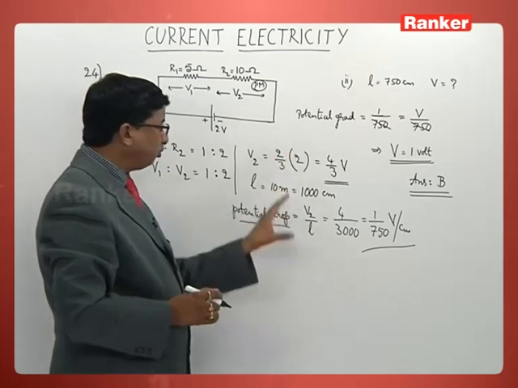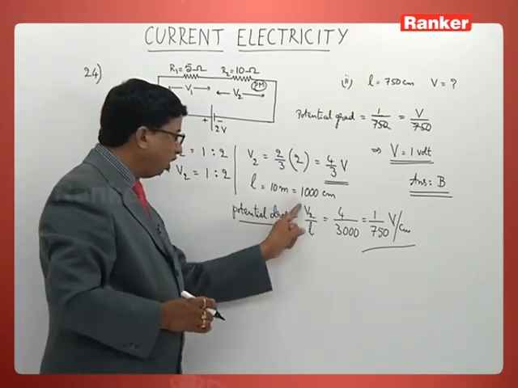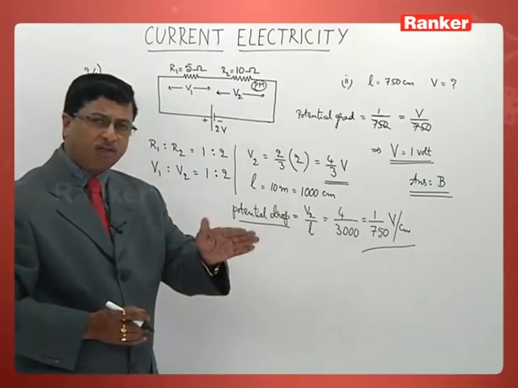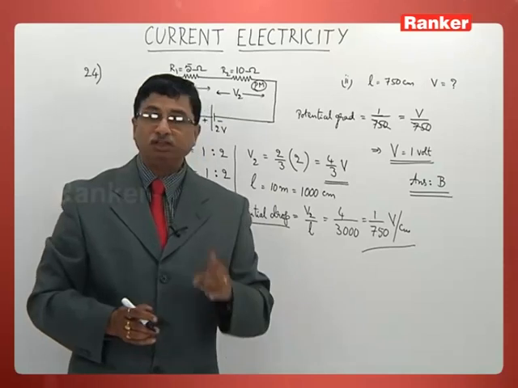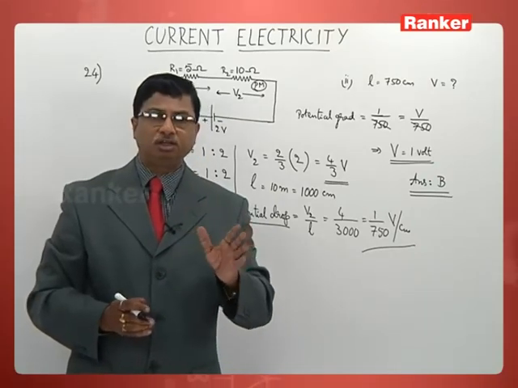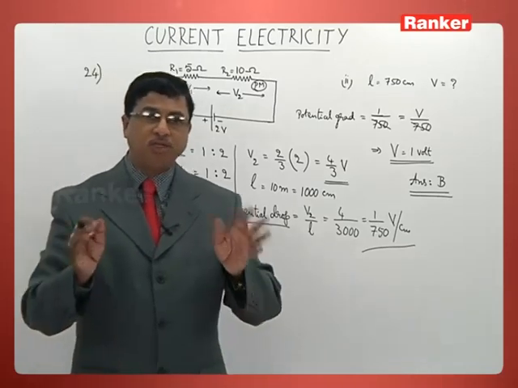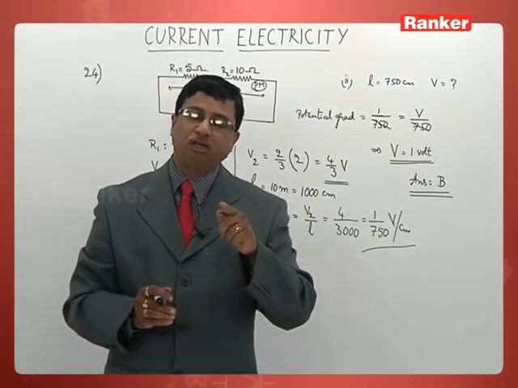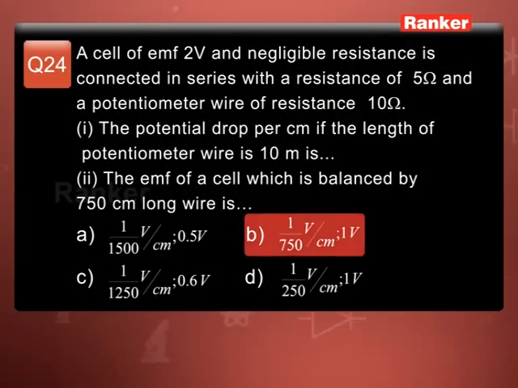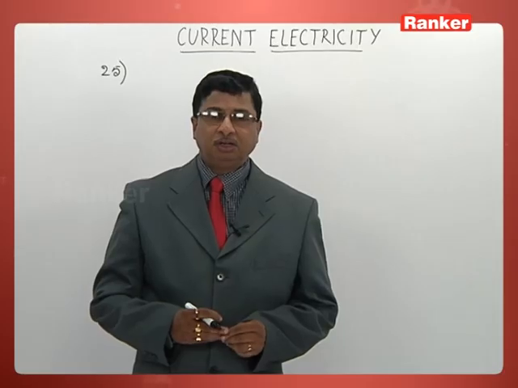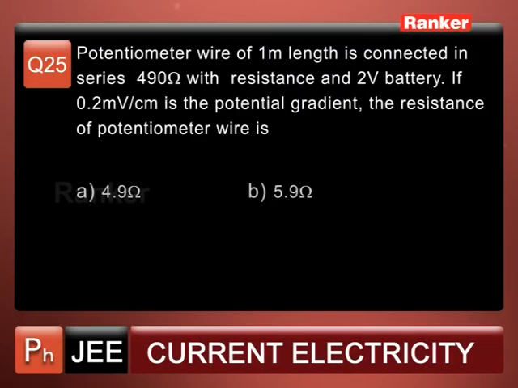So the basic principle, I just remind you once again, potential drop across any length of that wire or throughout the length of the potentiometer wire is always constant. That itself is the basic principle of a potentiometer as such. So the correct option for problem number 24 is second one, that is B. Let us enter into problem number 25.